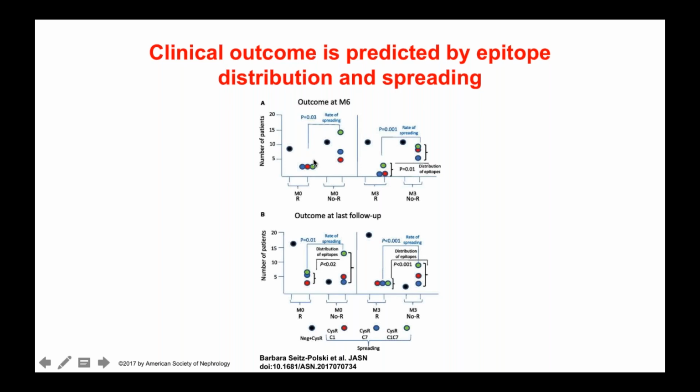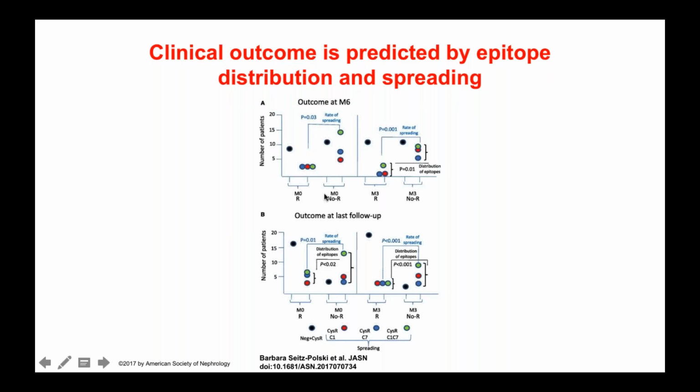So they looked at outcome of patients who were treated with rituximab, and patients who did not have epitope spreading were much more likely to respond to treatment. Okay, this is what you can see here. So you have month 0 remission patients, much higher likelihood of no epitope spreading, but month 0, if you have epitope spreading, then no remission.